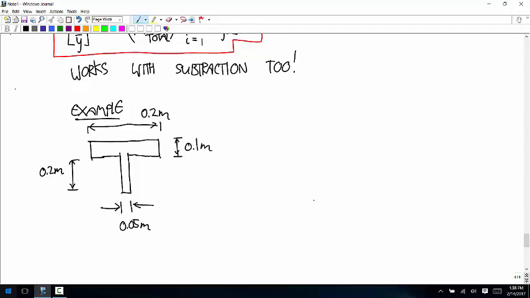I'm going to put the origin of the coordinate system at the bottom, right along the line of symmetry. And we want to calculate the centroid. What are the units of the centroid?